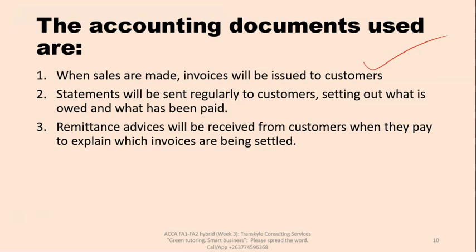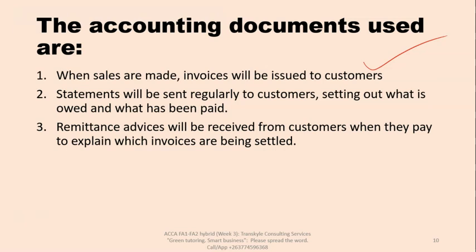So after you invoice customers, those who have taken your goods on credit, you then have to issue some regular statements, okay, to customers, so that you'll be explaining how much they owe and how much they have paid so far.